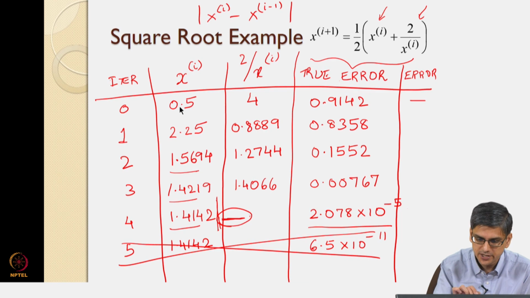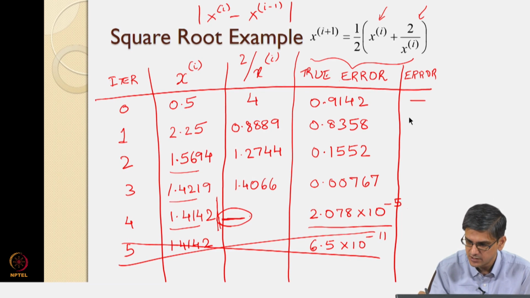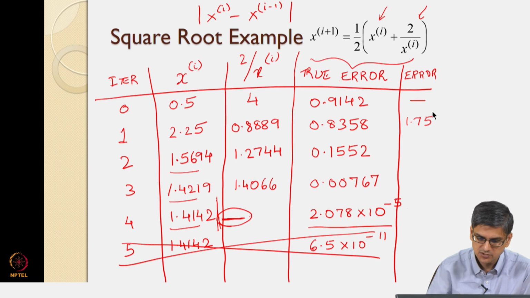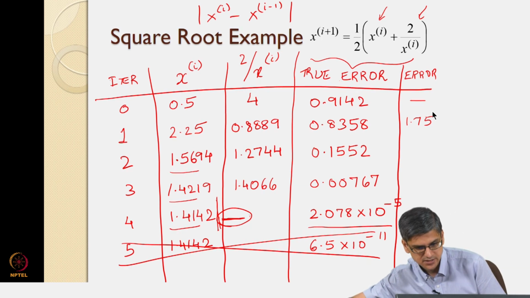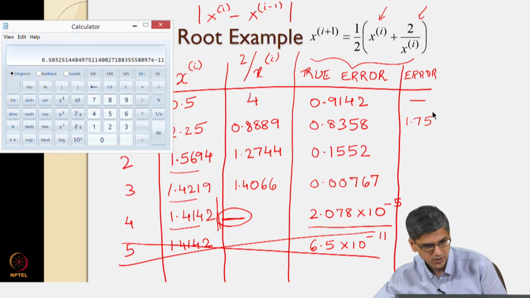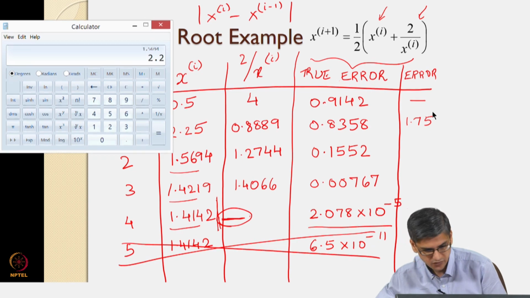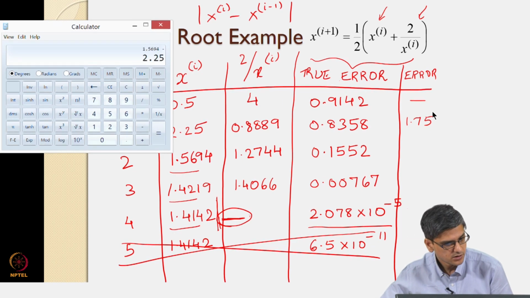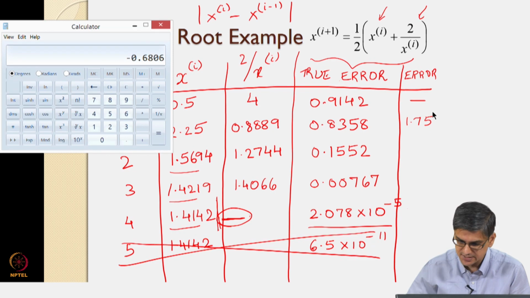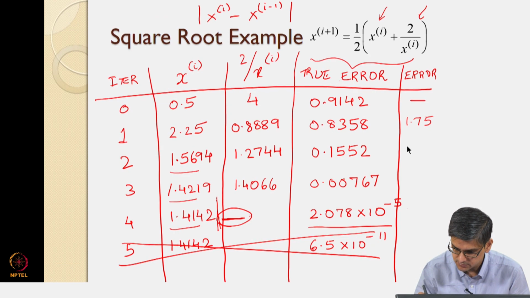Okay. Over here, the error is 2.25 minus 0.5, so the error is 1.75. The error over here is 1.5694 minus 2.25, which is 0.6806.